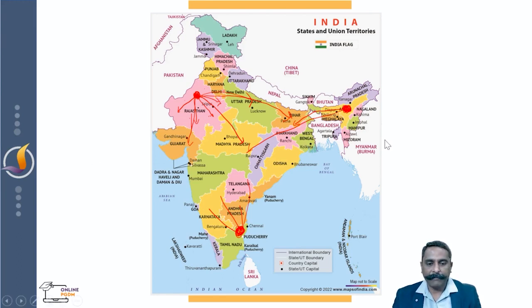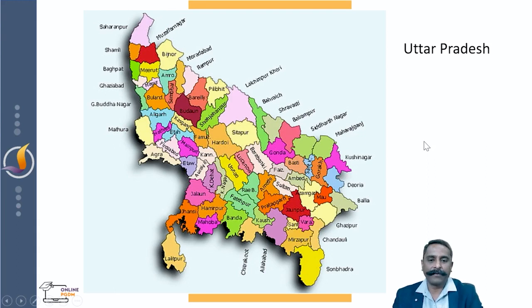Say for example, if we move to the next case and look at one state only, this is Uttar Pradesh, and I have established a manufacturing facility at Lucknow. Now from Lucknow I have to cater to the various districts.